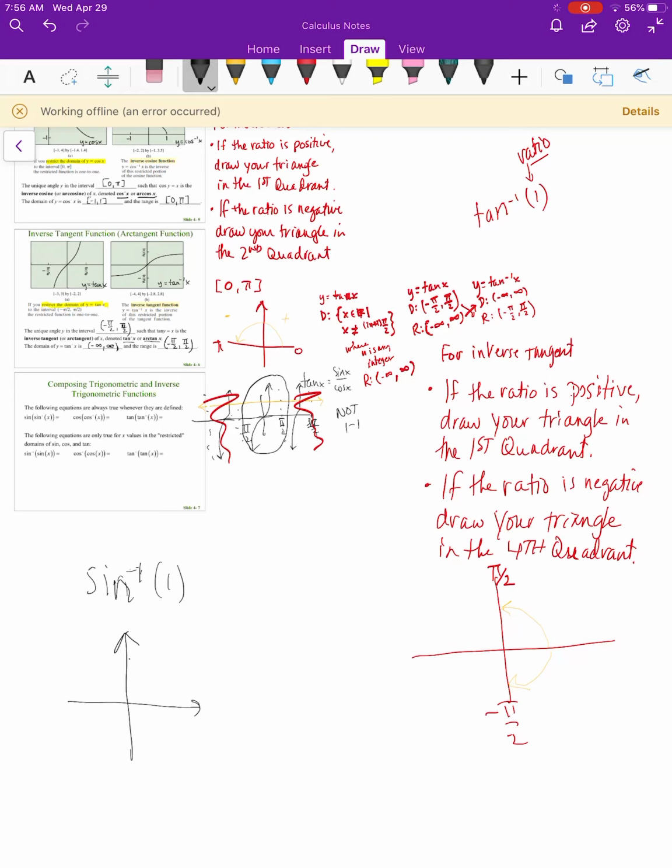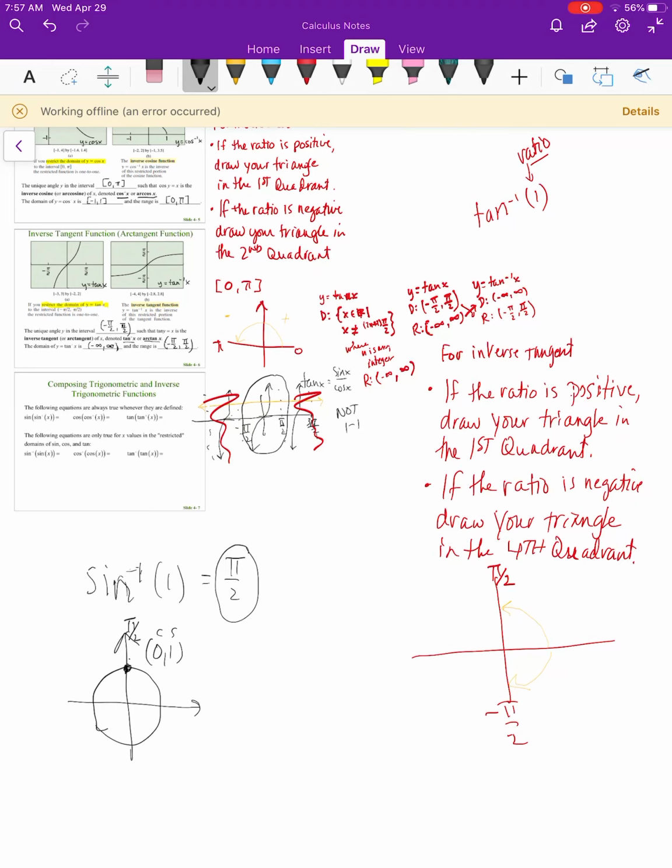So hopefully you would think, wait a minute, on the unit circle, this point right here is the point 0, 1 cosine sine. It's at pi over 2. Oh, my answer is pi over 2 because that's the angle where the sine is 1.